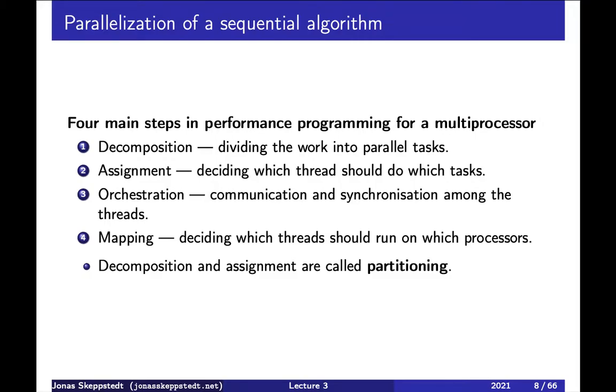Now, the 4 steps in parallelizing a sequential program, and this is for any language. First, we need to identify the parallel tasks. In lab 1, we did that by saying that each node, an actor, should perform what each node needs. So the parallel tasks were the operations of one node.